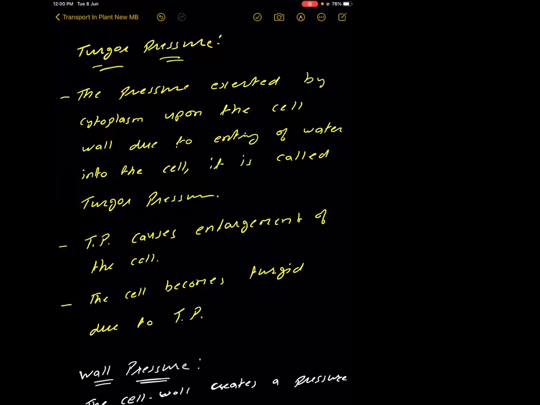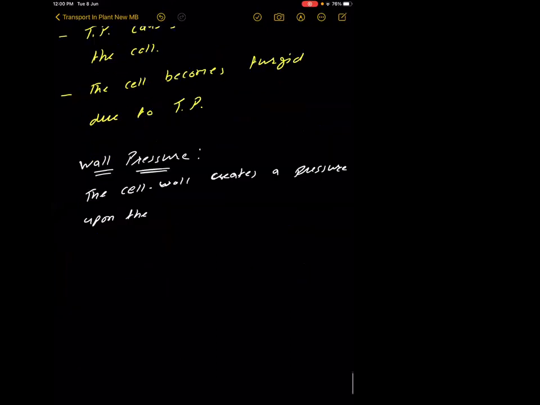The last point: the cell becomes turgid because of turgor pressure. TP means turgor pressure. Is it completed? Yes, sir, I have taken a screenshot. Okay, fine.